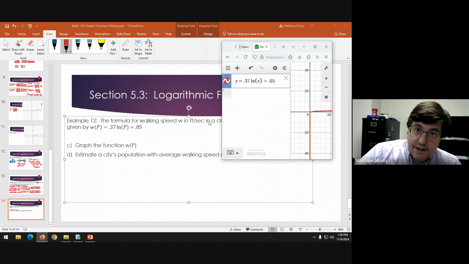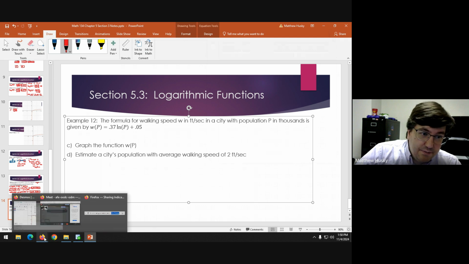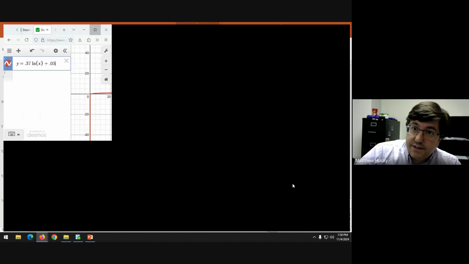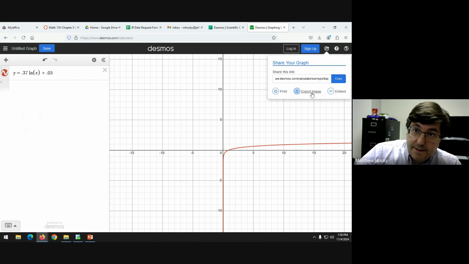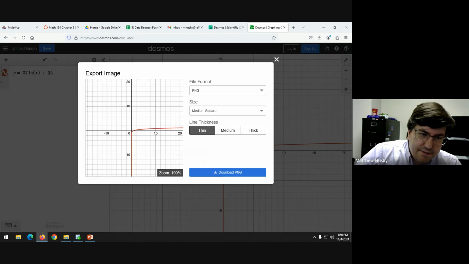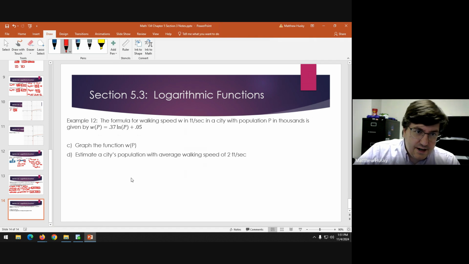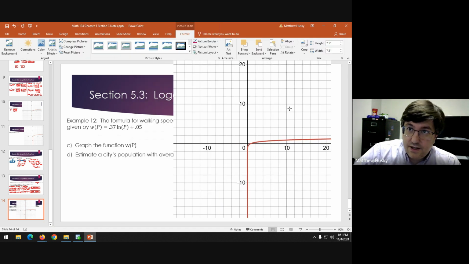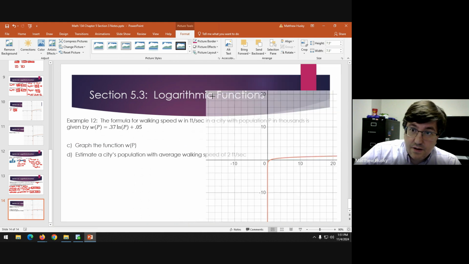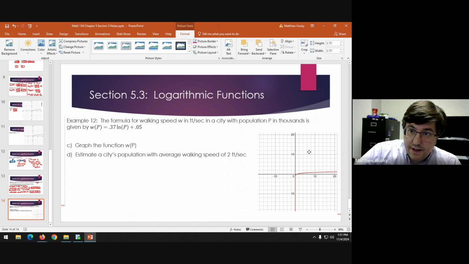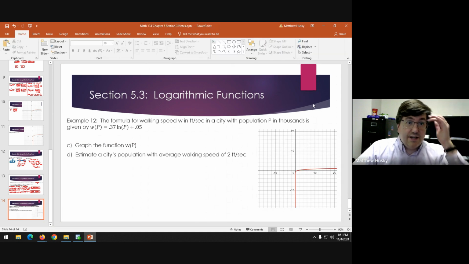And then let's start with that. All right, so that's going to give us a graph. There we go. There's the graph. Let's copy the image. We'll put it right there. Ta-da! There you go. That's part C. That's what the graph looks like.